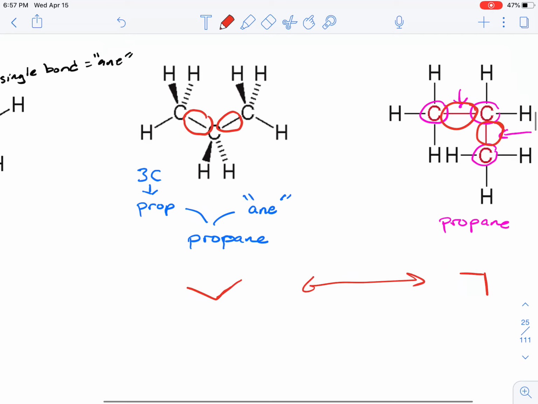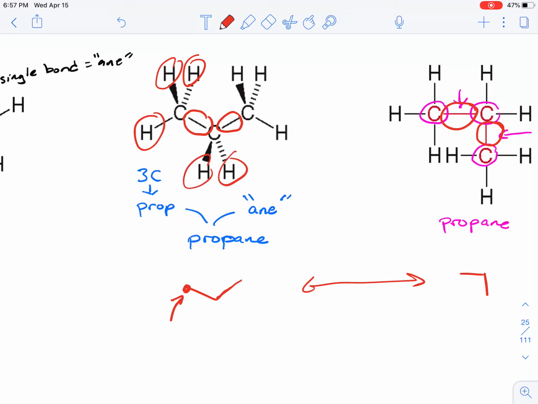But hopefully by looking at this image, you can see that there are 3 invisible hydrogens for this carbon. Okay, and there are 2 invisible hydrogens on this carbon, and there's 3 invisible hydrogens on the last carbon. Okay. Same can be said with the other propane.